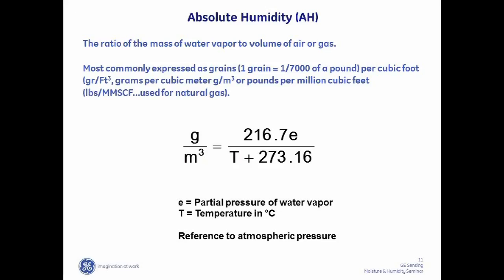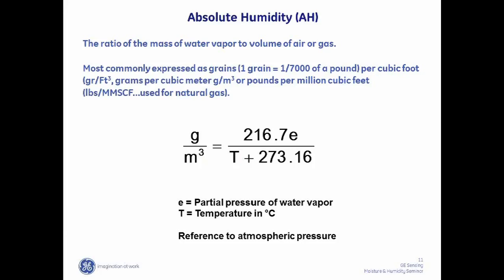And the volume ratio is the amount of water vapor pressure compared to the total pressure. And there are two expressions of this. One is the volume ratio, where we're only talking about the water compared to the dry gas, and the other is the specific volume, where we're talking about the water compared to the total.